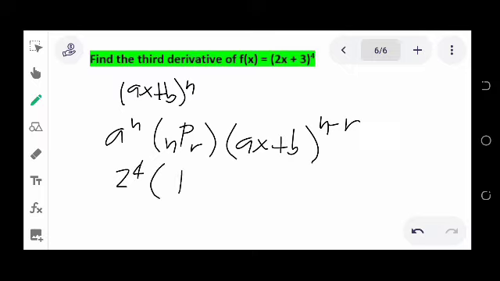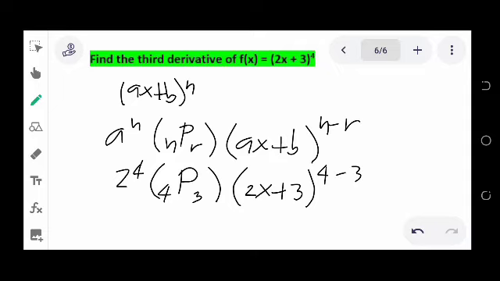And then, permutation of 4. Then, the derivative that we're taking is 3. Then, ax plus b, that's just 2x plus 3. And then the exponent 4 minus 3. So now you have 2 to the fourth is 16. Then permutation of 4 taken 3.